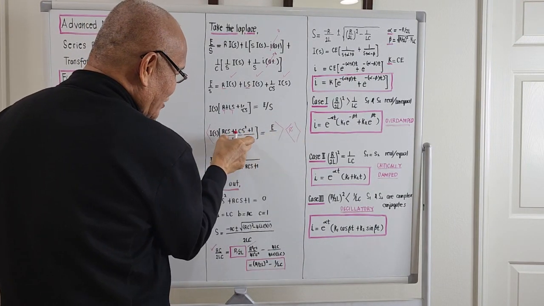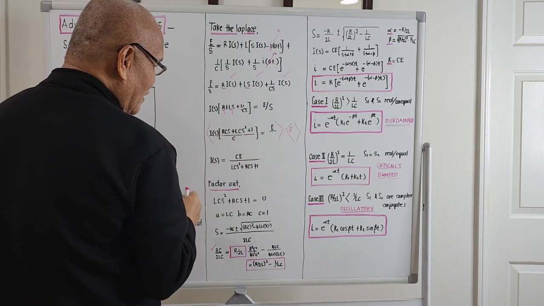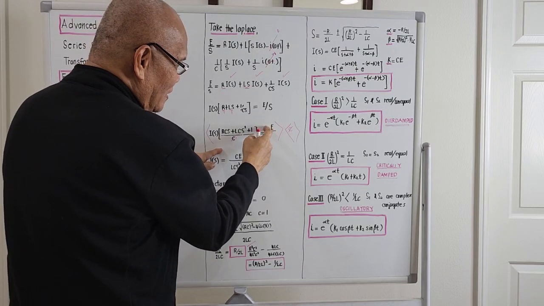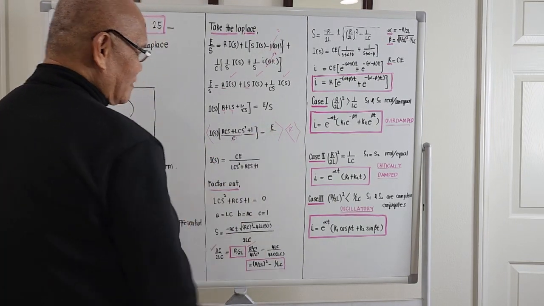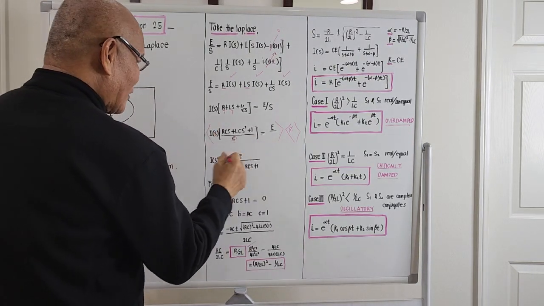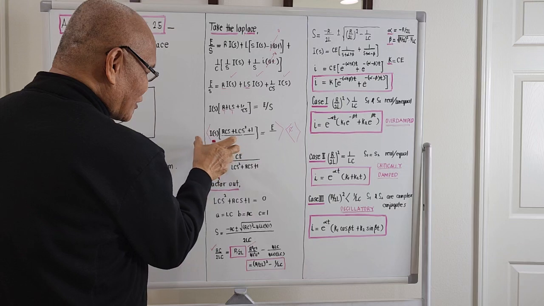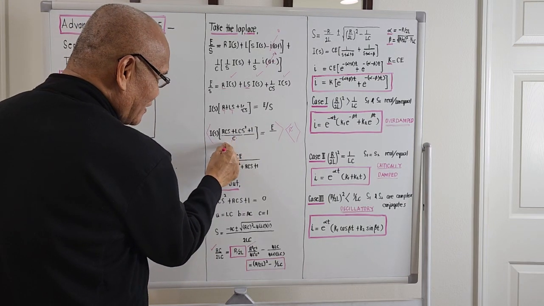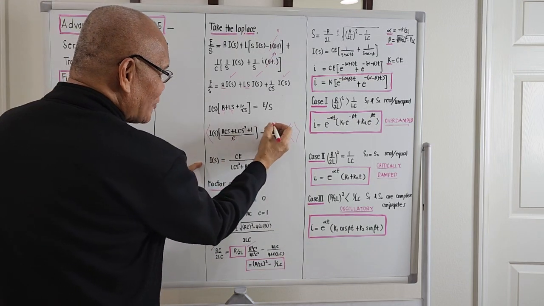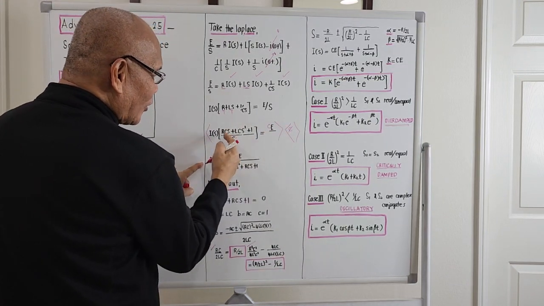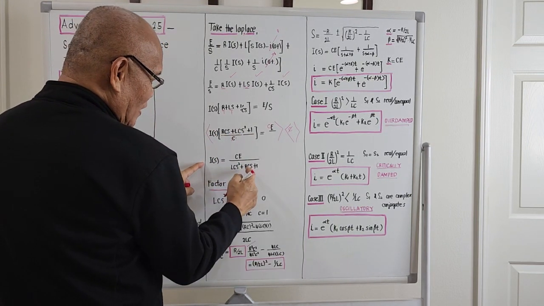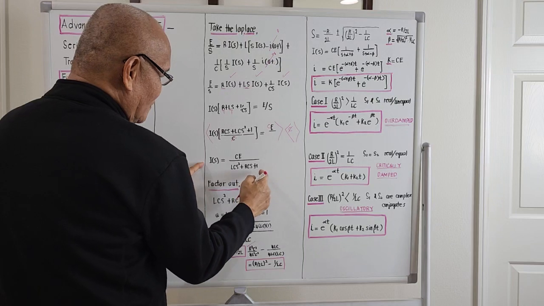So this is just the coefficient remaining on the left, and it should be equal to the product of E times C, which is CE. Then again, we divide both the left and right by this coefficient. So I as a function of S will now be CE all over this, that is LCS squared plus RCS plus 1.